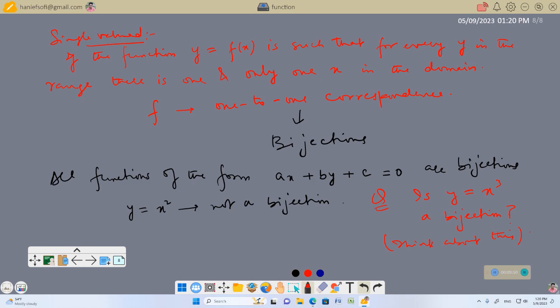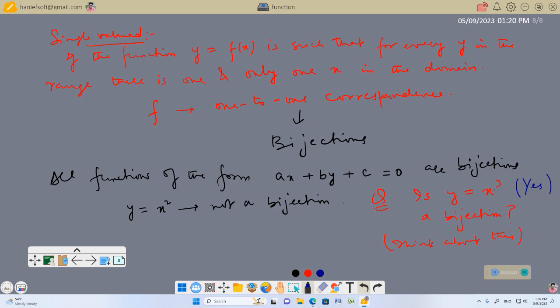And when you think, you will notice that y is equal to x cube is a bijection. So your answer here will be yes, right? Because if you, for example, take y equal to 1, if you put x equal to 1, 1 cube is 1, right?